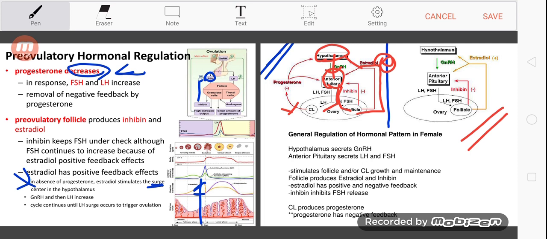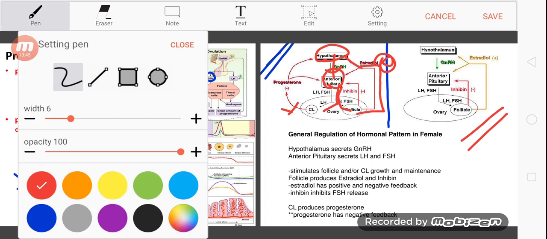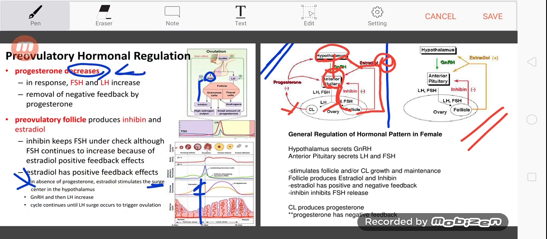But when we compare with the pre-ovulatory phase hormonal regulation, let's make it orange. The hypothalamus secretes GnRH, stimulates the anterior pituitary to secrete LH, FSH. LH binds to theca cells, FSH binds to granulosa cells. Eventually, these two cells, theca cell and granulosa cell, in cooperation will produce estradiol, estrogen.